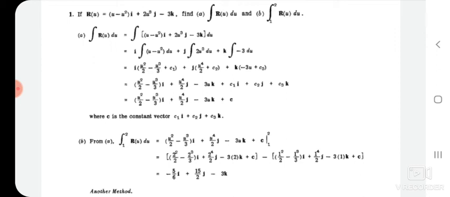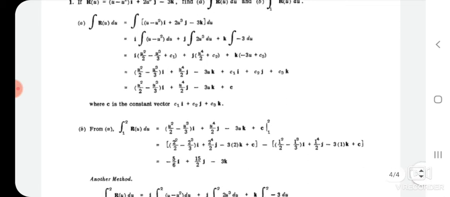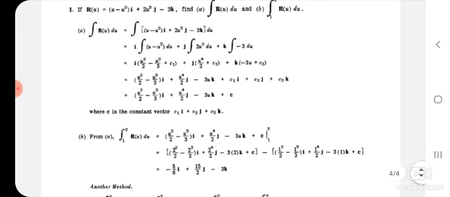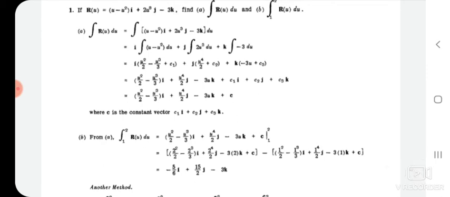So 2 square by 2 minus 2 cube by 3 i, plus 2 to the power of 4 by 2 j, minus 3 into 2 k, plus c, minus 1 square by 2 minus 1 cube by 3 i, plus 1 to the power of 4 by 2 j, minus 3 into 1 k, plus c. If we simplify this, it gives minus 5 by 6 i plus 15 by 2 j minus 3k.